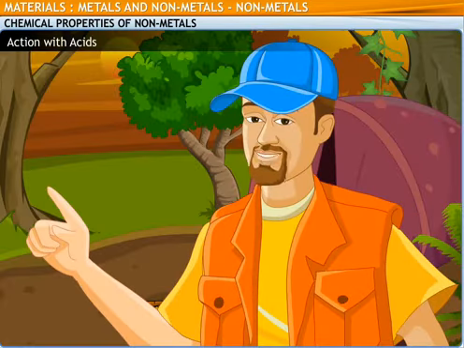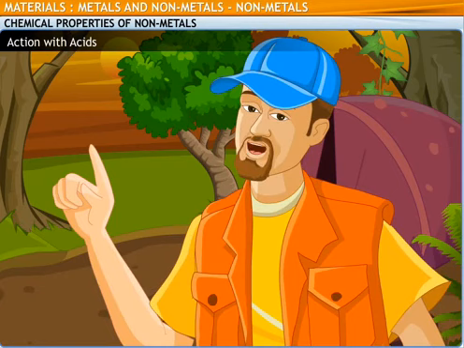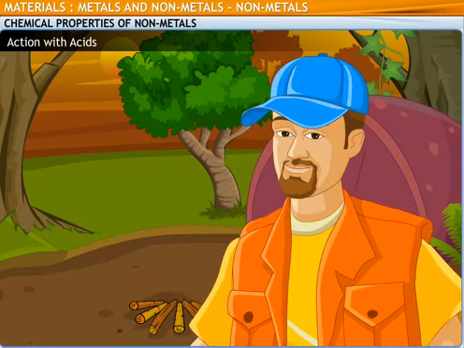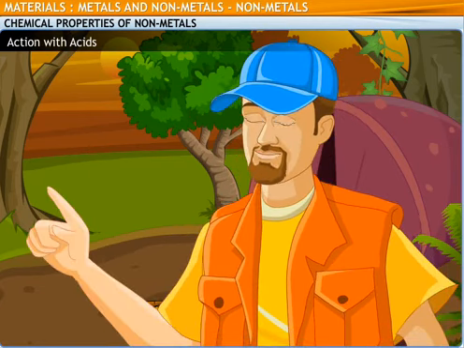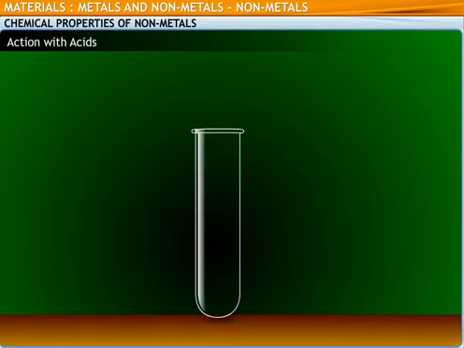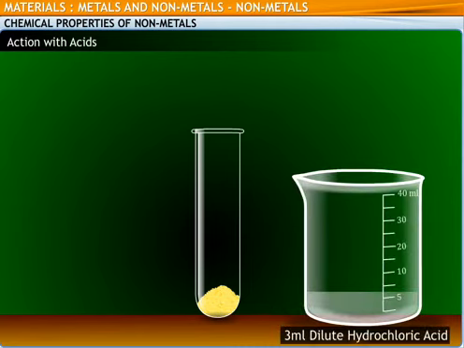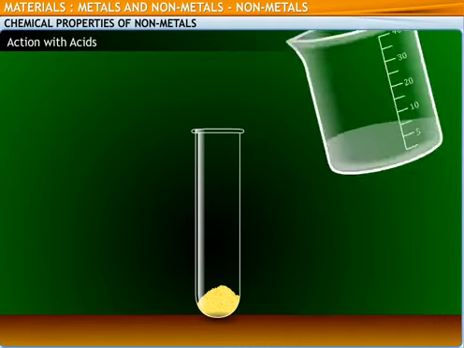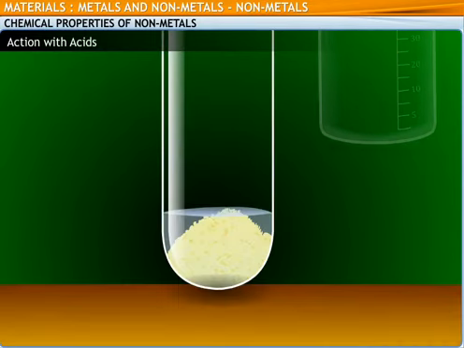Yet another important property of non-metals is that they do not react with acids. Let's look at this small experiment. Take some sulfur powder in a test tube. Add 2 to 3 ml of dilute hydrochloric acid or dilute sulfuric acid. There is no observable change.